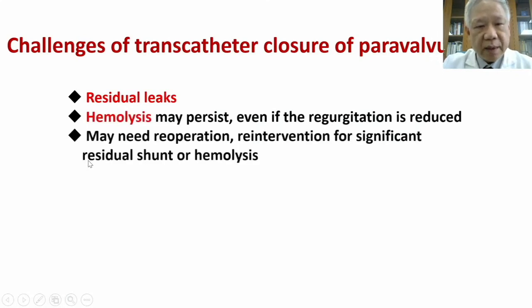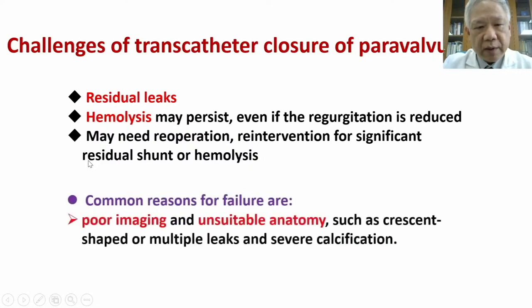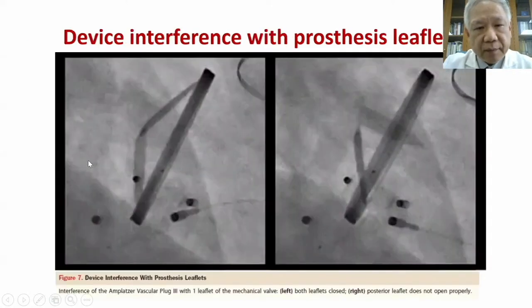Some of them may need reoperation or reintervention for significant residual shunt or hemolysis. Common reasons of PVL closure failure are poor imaging and unsuitable anatomy, such as a big or irregular shaped, crescent shaped or multiple leaks and severe leaks with severe calcification, and inadequate device configuration.